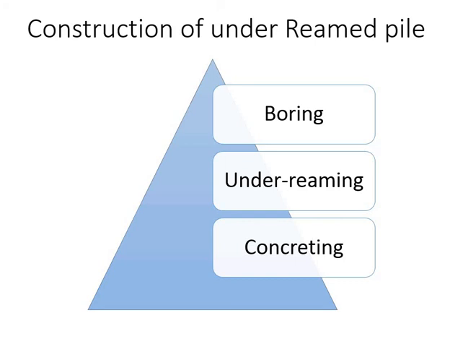In under-reaming, after reaching the desired depth, the borehole is expanded to form a bulb with an under-reaming tool consisting of two collapsible cross plates with a bucket at the bottom to collect scrap soil. The scrap soil collected in the bucket is lifted up and disposed of from time to time.